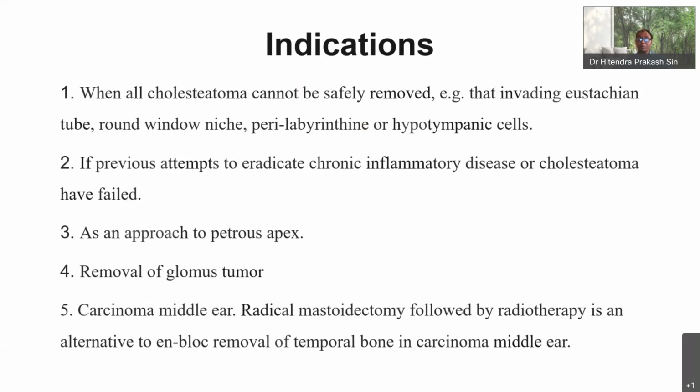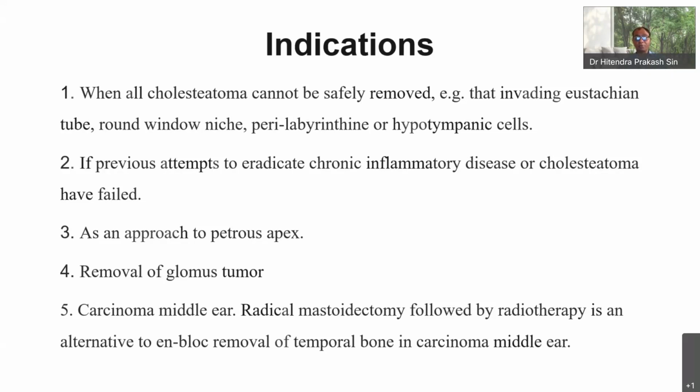So we do a radical mastoidectomy, open up, and inspect the cavity lifelong. If previous attempts to eradicate chronic inflammatory disease or cholesteatoma have failed, meaning you have done a modified radical mastoidectomy, but there is again recurrence, then you have to perform a radical mastoidectomy.